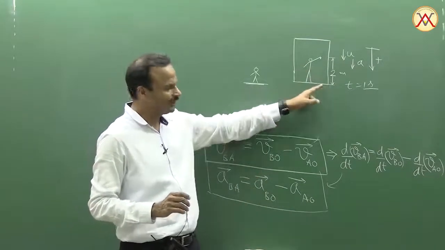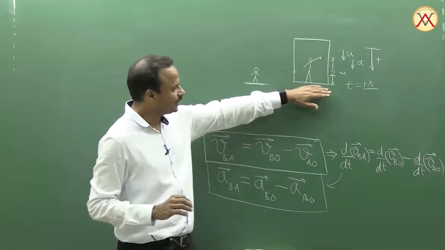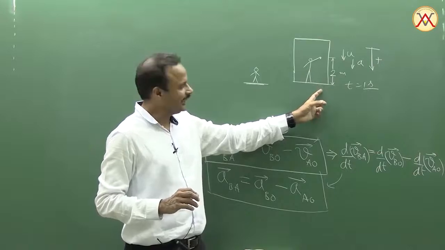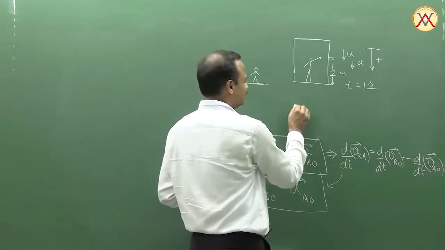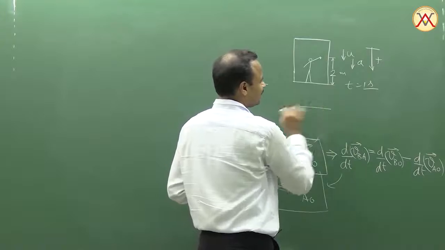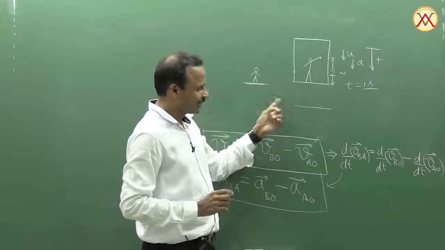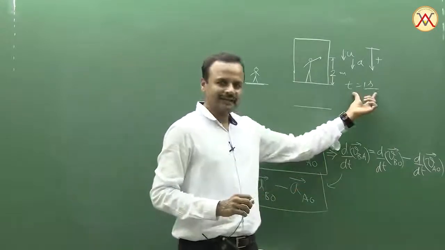Will it just be 2 meters? No, it will be more than that, because by the time the coin reaches the floor of the elevator, the elevator has actually moved down. The floor of the elevator may be somewhere here. So, what was the displacement of the elevator in this 1 second?